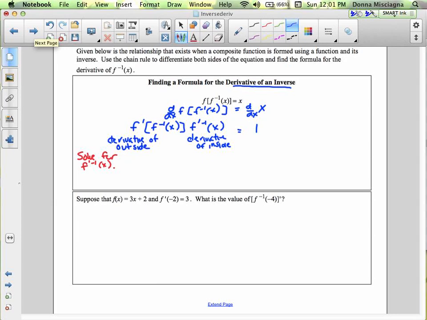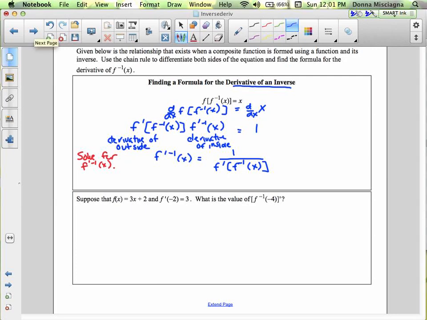That's going to give us f prime of the inverse of x is equal to 1 over f prime of f inverse of x. And there we go. This is going to be our derivative.